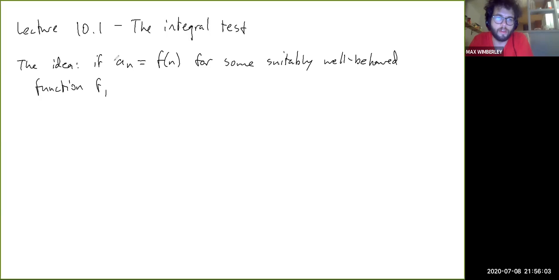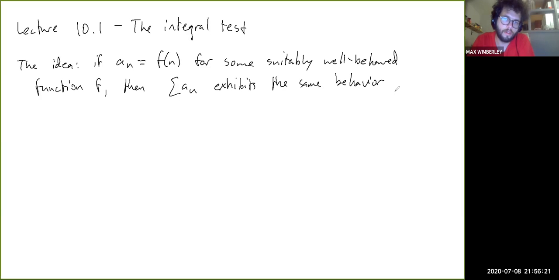For now, if we think of a_n as being the values of some function f, as long as f has the right properties, then the sum of a_n exhibits the same behavior as the integral from, let's say, a to infinity of f(x) dx.